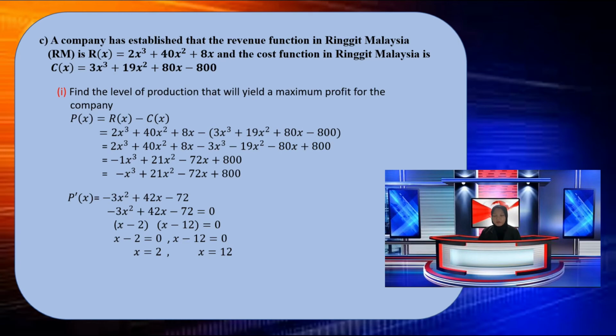So after that, we find the first derivative of the P(x) function, which we get negative 3x squared plus 42x minus 72, and set it equal to 0, and then we factorize it. Lastly, we get x equal to 2 and x equal to 12.